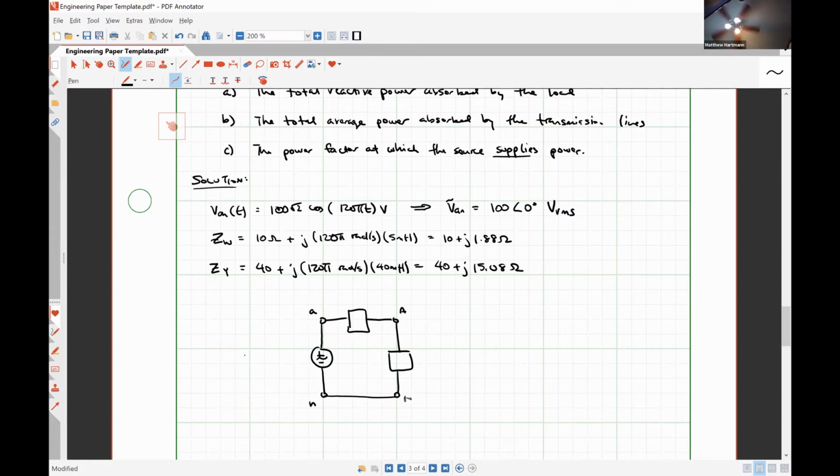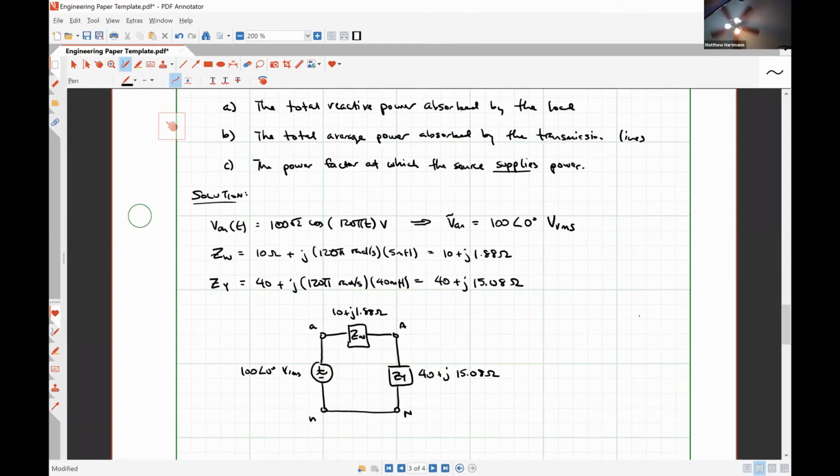So this is 100 angle 0 degrees volts RMS. This is 10 plus j1.88 ohms. And this is 40 plus j15.08 ohms. So we want the total reactive power absorbed by the load.